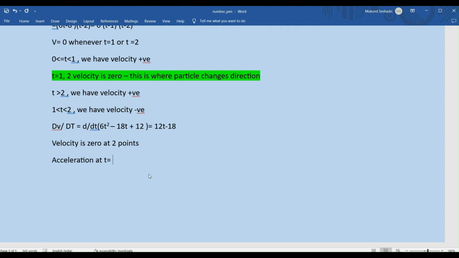At t equals 1, it is nothing but a simple substitution into this expression 12t minus 18, which is 12 minus 18, which is minus 6. And then at t equals 2, we have 24 minus 18, which is 6, right? So acceleration is represented as meters per second square.